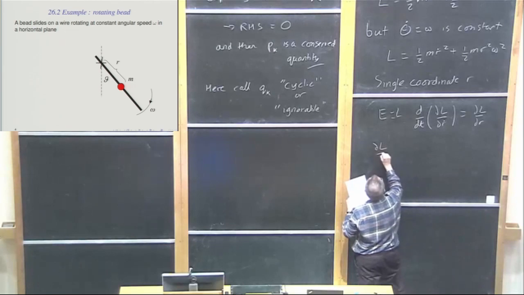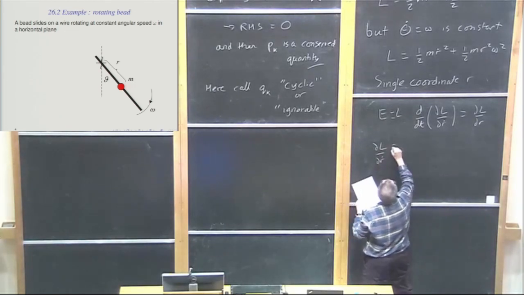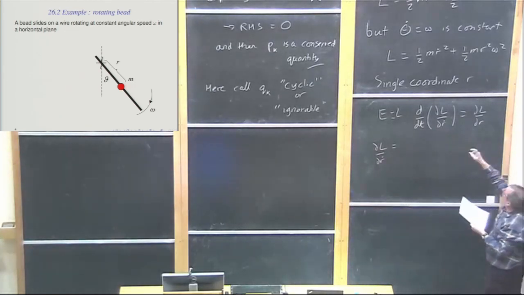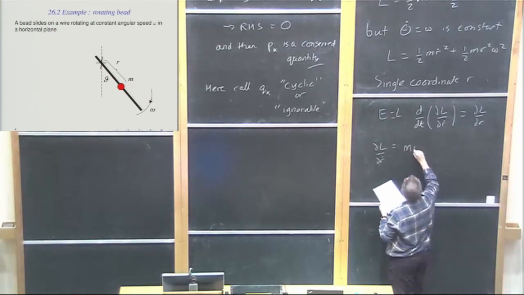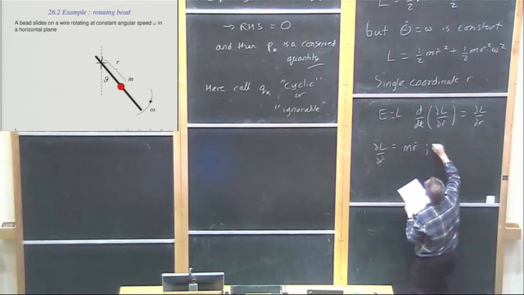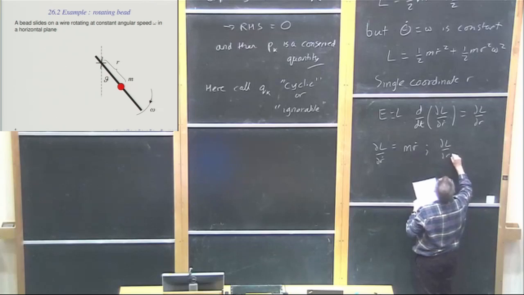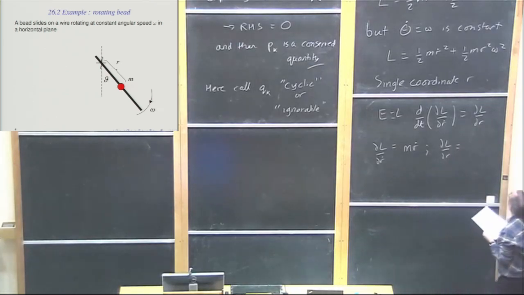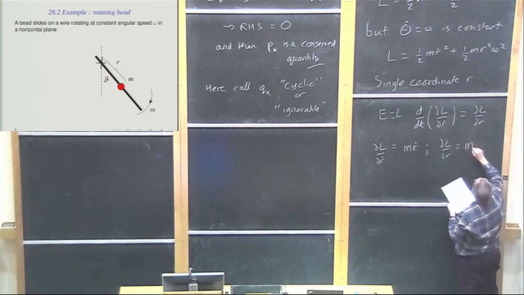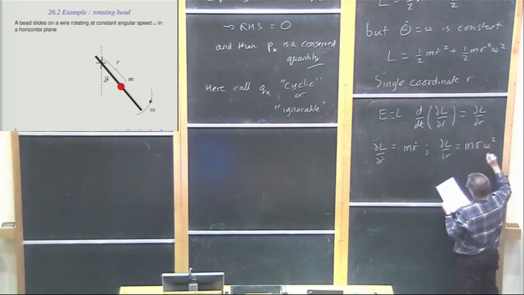dL by dr dot is going to give me just m r dot, and dL by dr is going to give me m r omega squared.